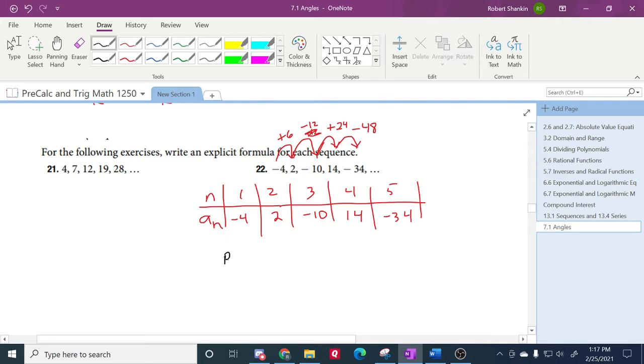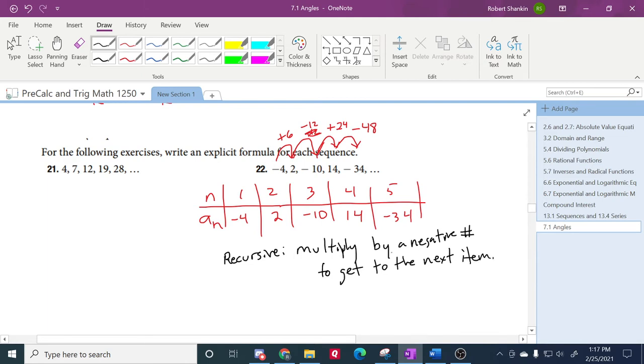So the recursive formula, I'd make this little note: multiply by a negative number to get to the next item, because then that would alternate signs maybe. But I would have to pause and really think about this and come back to it, try it again in a while.